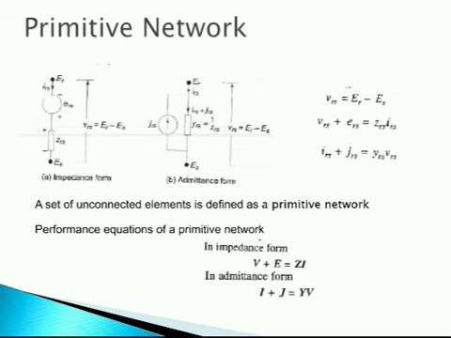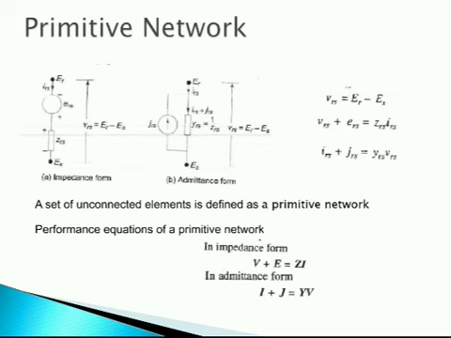All the elements in the graph contain this kind of element with both source and load, either in impedance form or admittance form. Remember from your previous circuit theory classes that impedance form and admittance form are interchangeable. So either you have the elements of the graph in the impedance form or in the admittance form.